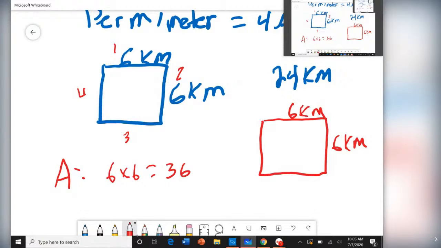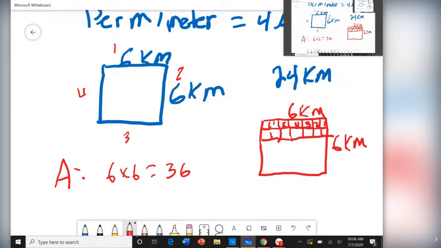If we just do little squares, you have 1, 2, 3, 4, 5, 6, and you're going to have the same thing down here, 1, 2, 3, 4, 5, 6. I apologize, this one's a little bit big.